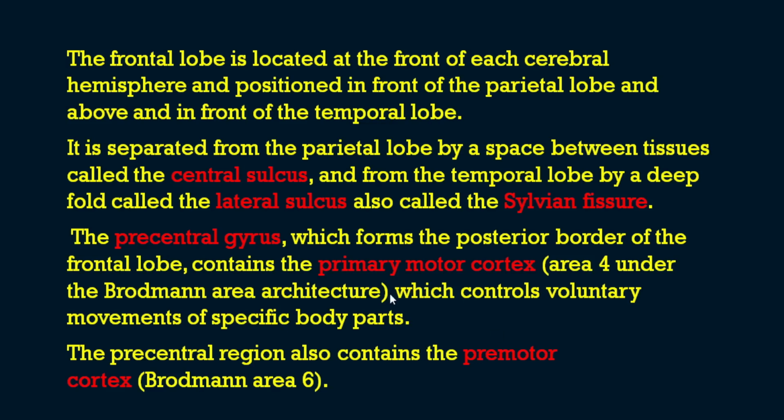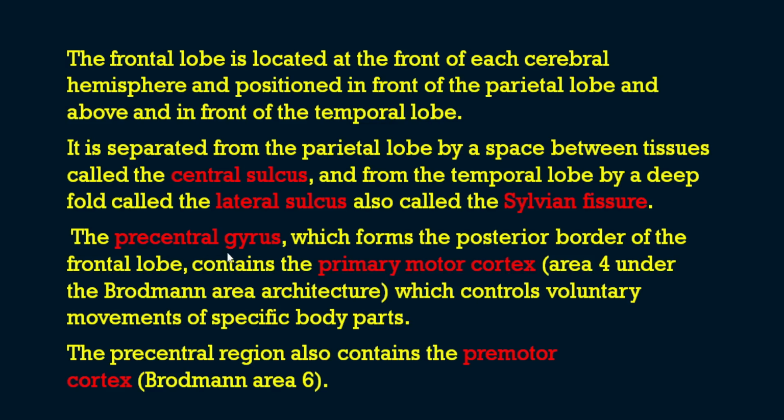So the primary motor cortex controls the voluntary movement of specific body parts, and it is located in the precentral gyrus.